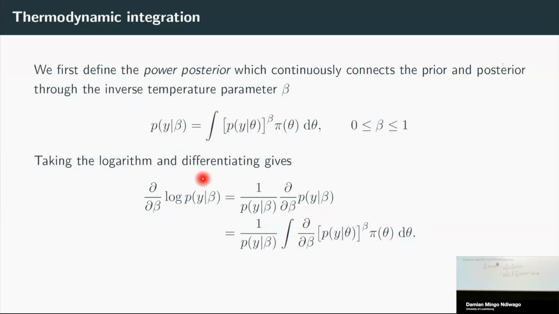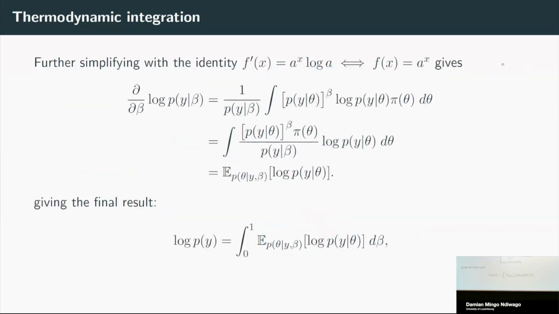Then by applying the chain rule of differentiation, we end up with this, and then substituting this here. Therefore, we end up with this after applying this identity for differentiation of exponents. And then we arrange this such that we can recognize this as the posterior distribution, where the likelihood is raised to beta, such that it becomes the expectation with respect to the values of beta.